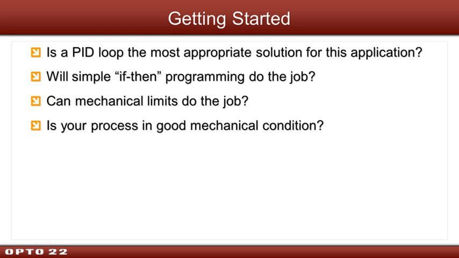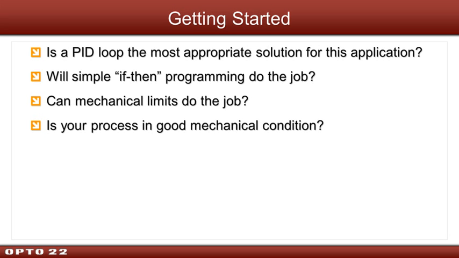Is a mechanical solution going to be more appropriate? With a PID, you've got sensors, you've got to put in electricity, you've got to run conduit, maybe some communications. So it's worth taking a step back and asking and answering the question: is the PID loop the most appropriate solution?